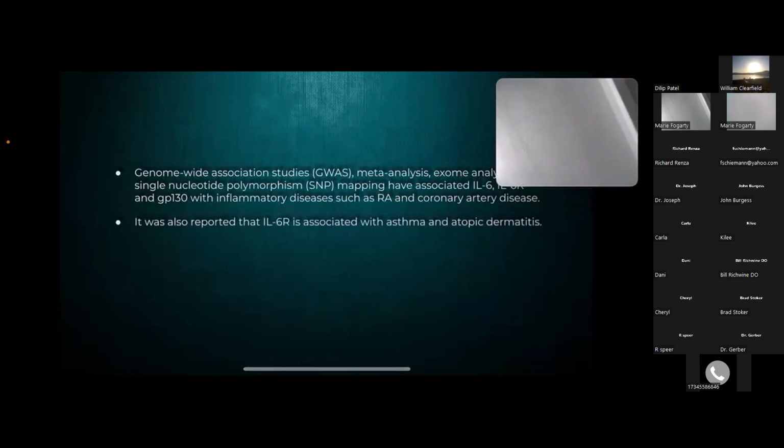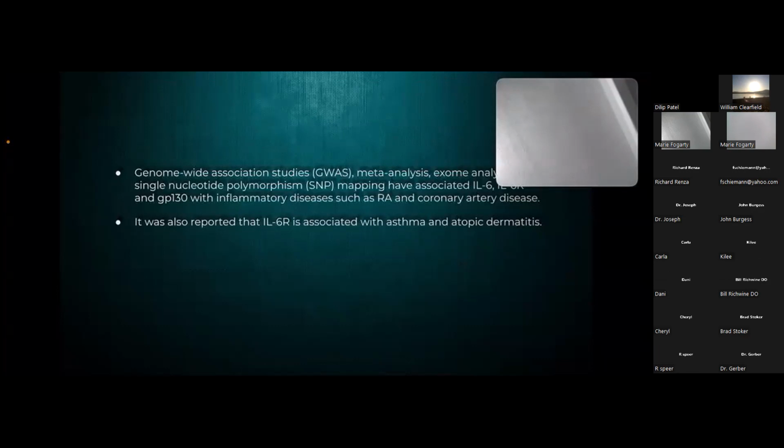It was also reported that interleukin-6 receptor is associated with asthma and atopic dermatitis. Like all of our problems.